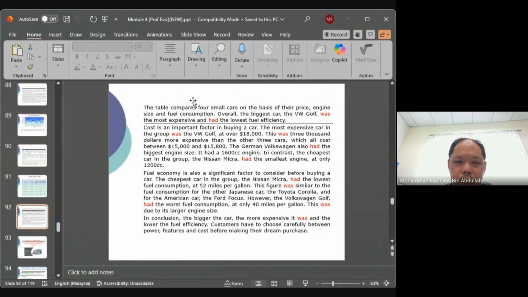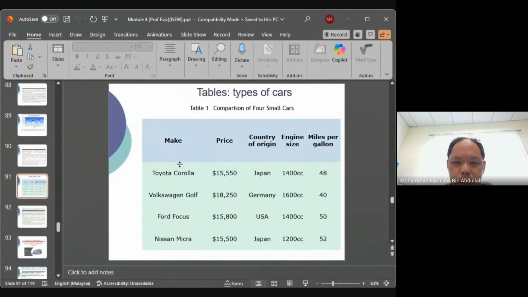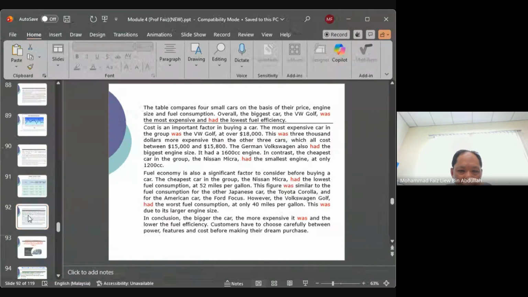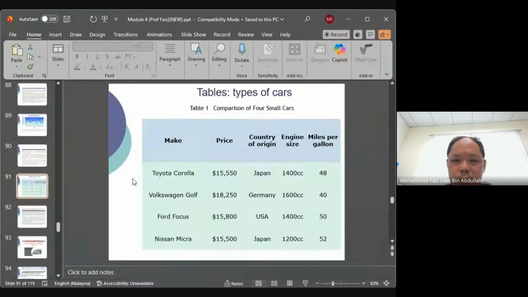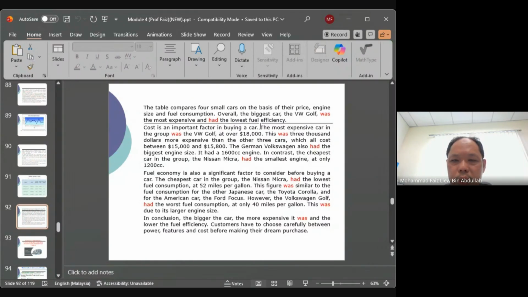For a table, it's almost the same thing. You can just write that the table compares 4 different cars, based on price, country, engine size, and miles per hour. These are the keywords, and then you start to elaborate one by one.